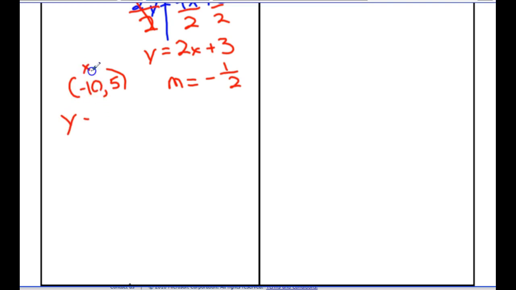In this case, this is our x1 and this is our y1. So y minus 5 equals our m, which we found to be negative 1/2, times x minus our x1, which is negative 10. Now if we have two negatives in a row, we can make those positive.